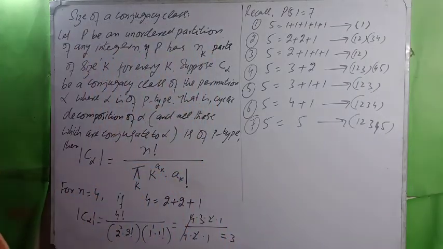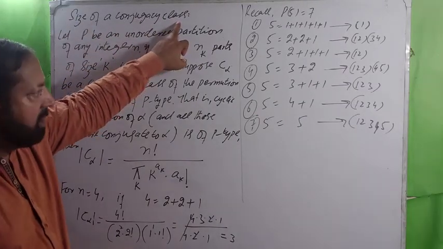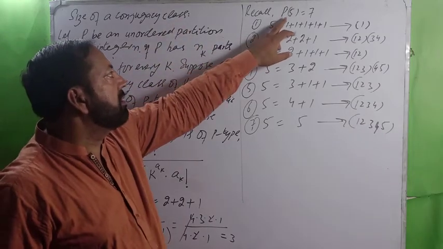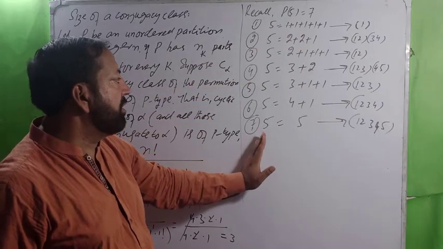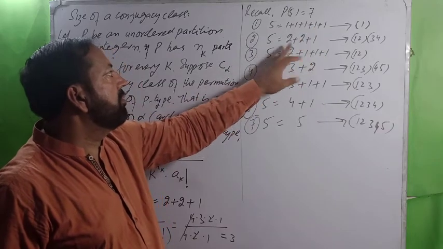See, size of a conjugacy class is our remaining part. We already discussed for S5 the seven possible partitions, and one was 5 one time, and 2 and 3.